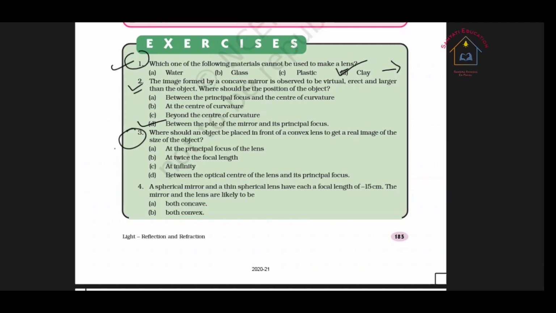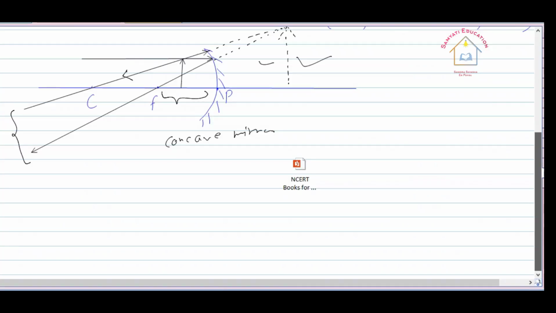Here is the principal axis. This point is called the optical center O. Here is F1. Here is 2F.